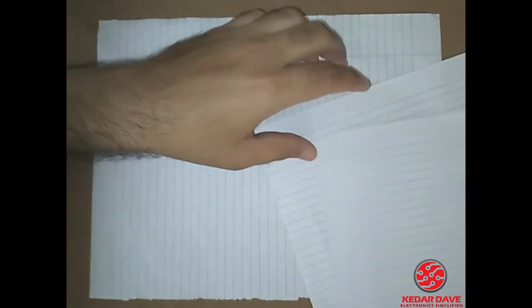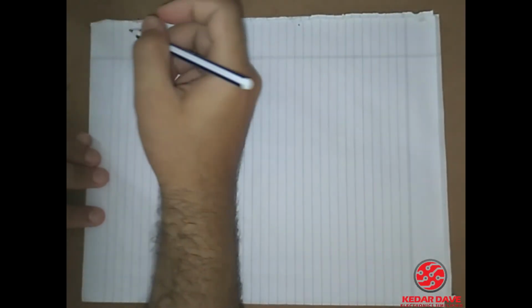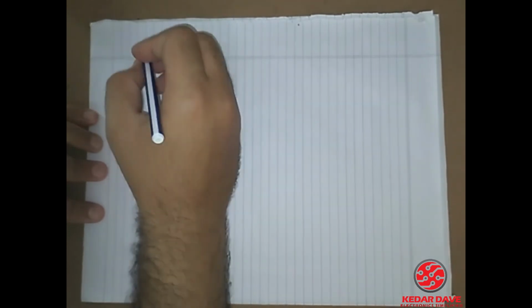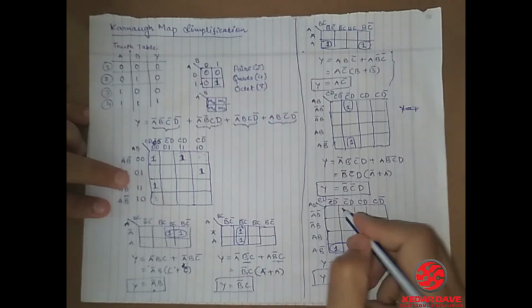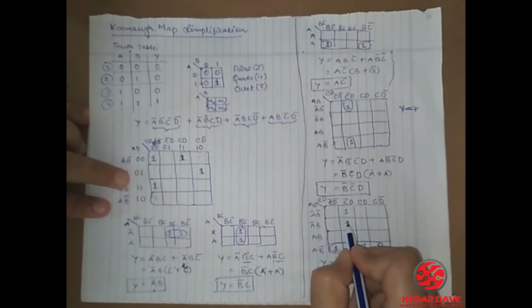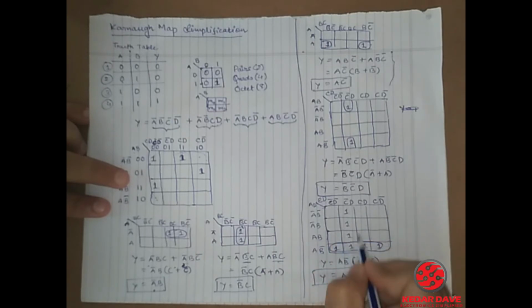One more thing that we need to understand is our grouping technique. That is the second technique for the equation of the four adjacent variables. Here we can see that this is in horizontal condition, but if we are getting all the ones in vertical condition, then it can also be simplified, right?